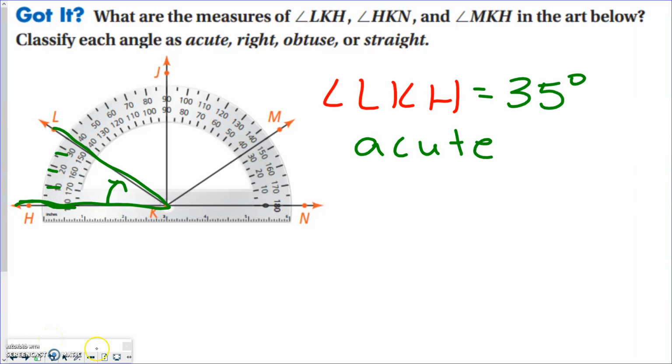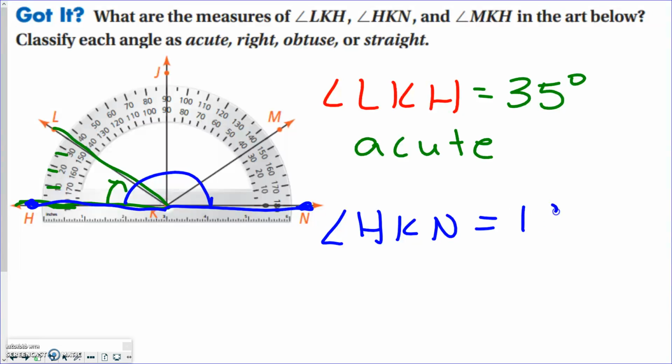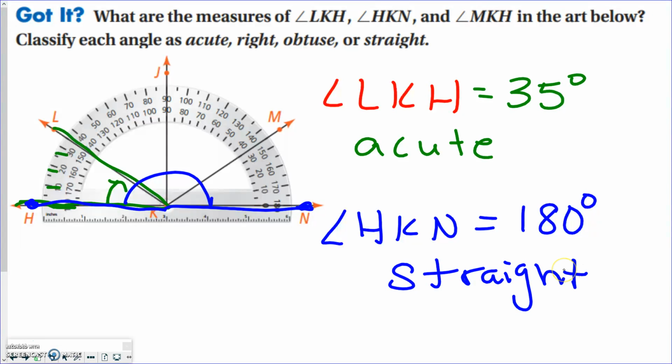Next we have angle HKN. I'm going to trace HKN, H to K to N. That's a straight line, so HKN must be 180 degrees, and it's a straight angle.